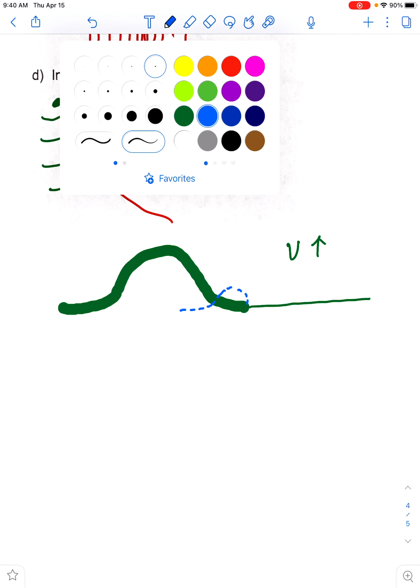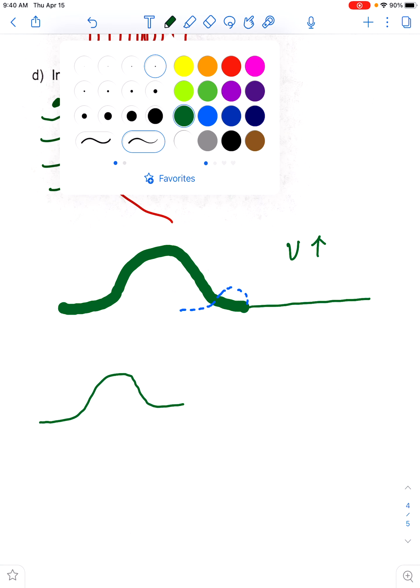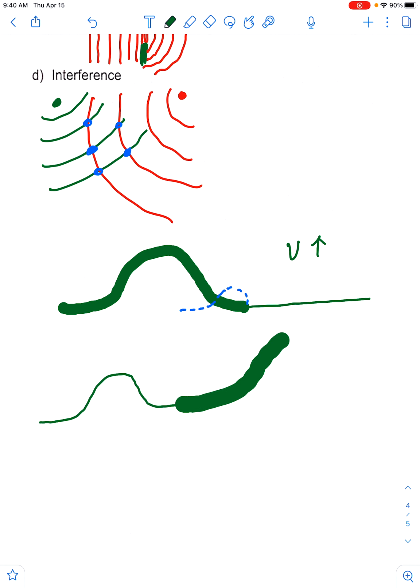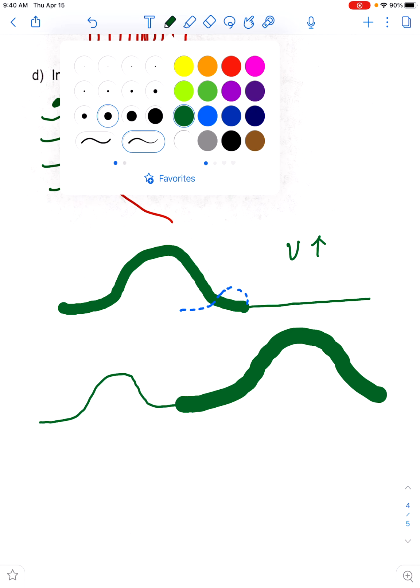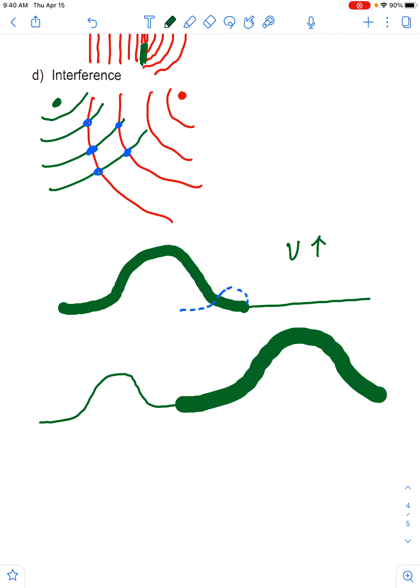Now if I were to go, let me switch my size again, from a thin rope to a thick rope, okay, let me switch over real quick. When I go from a thin rope to a thick rope, my velocity is going to go down.